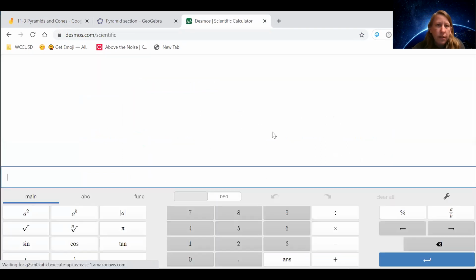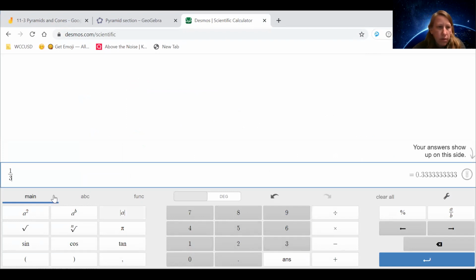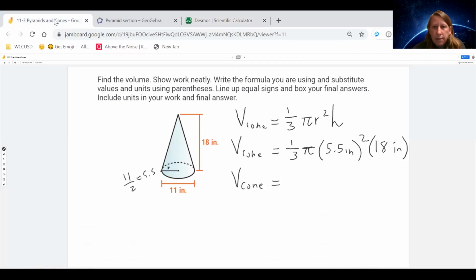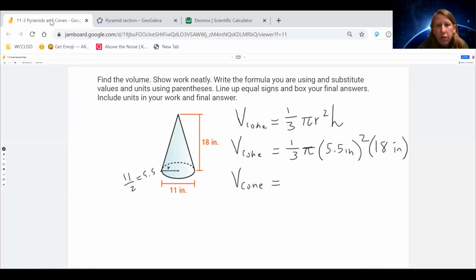It's the scientific calculator, and I'm going to do 1/3 like that, and I'm going to multiply by parentheses 5.5 quantity squared. Now you can't put units in here because it'll confuse it. It won't know what you want. Times 18. Did I do it right? Oh, I need pi. Okay, so this would be 181.5 pi if you wanted to do it that way.